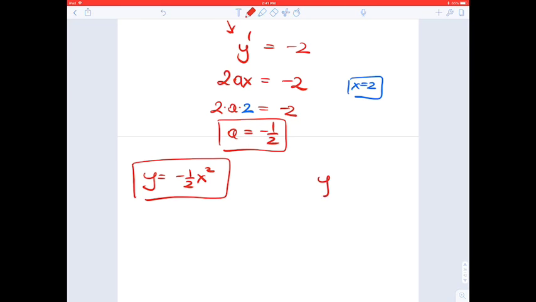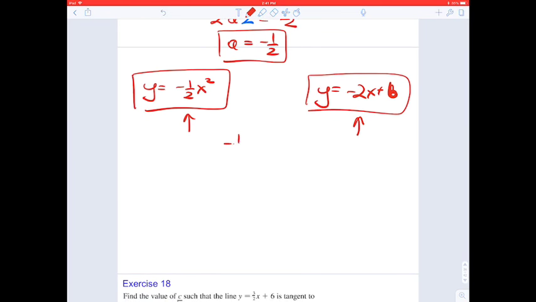Okay. And my tangent line is negative 2x plus b. Okay, that's the function and that's the tangent. We also know that the function and its tangent have a common point. That means the values have to be the same at the point of tangency, of course, at the moment that x is 2.